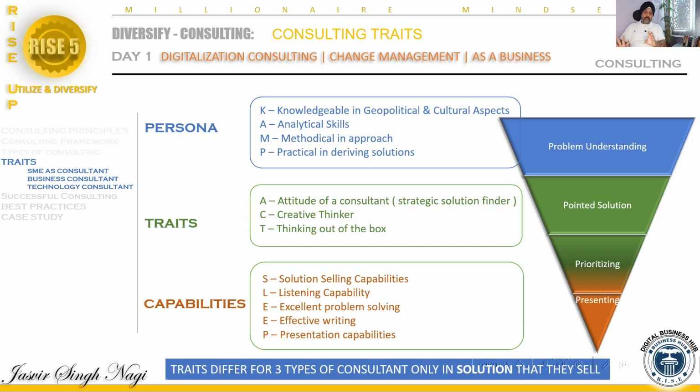But the very fact is how an SME sees this. A subject matter expert will look at a problem in a very narrow fashion. He'll go very, very narrow, and the pointed solution he comes out with will be pinpointed. For example, a taxation related issue that a company is facing, because of which they are paying taxes way above what they should, happening for the last 3 years. That could be a problem they bring to a consultant.